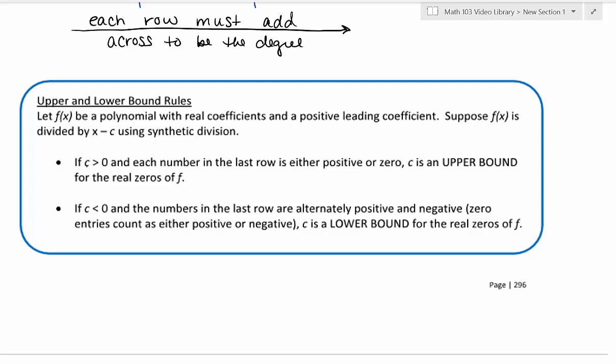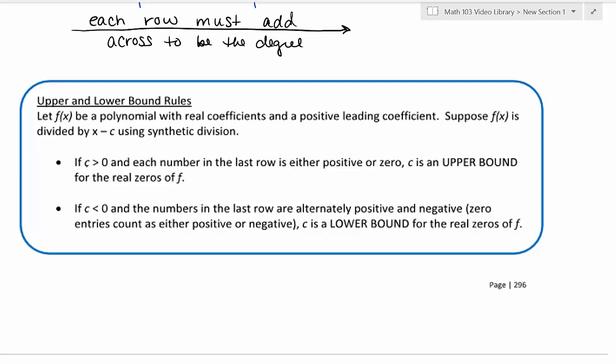The other one is when the zero we're testing is negative. If c is less than 0, and the numbers in the last row alternate between positive and negative, where 0 can count as either positive or negative, then c is a lower bound for the real zeros of f.